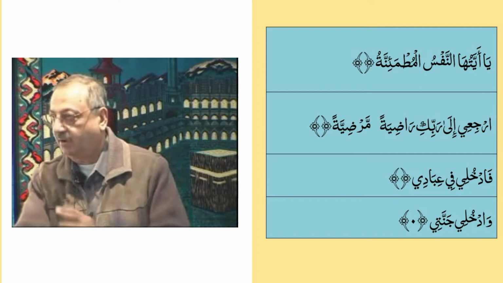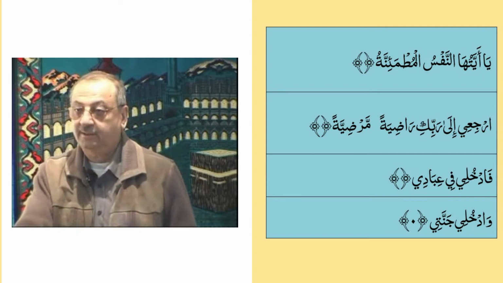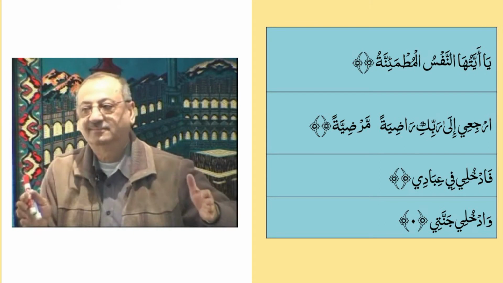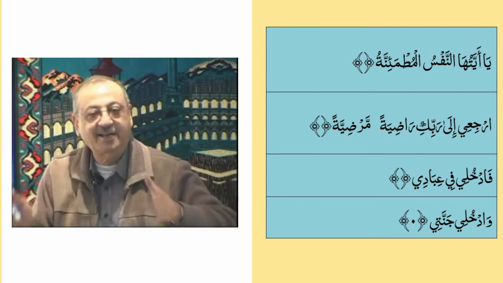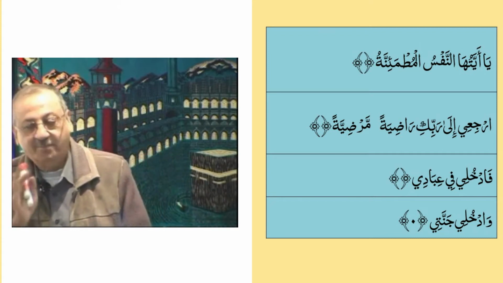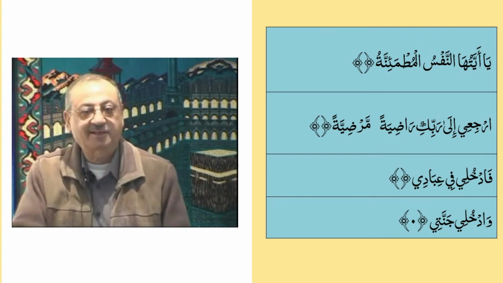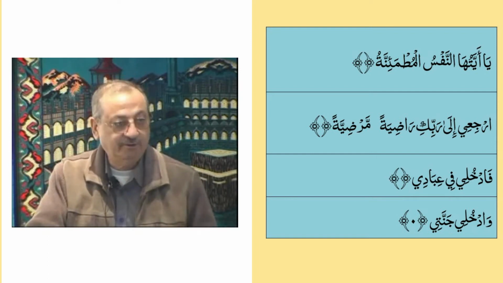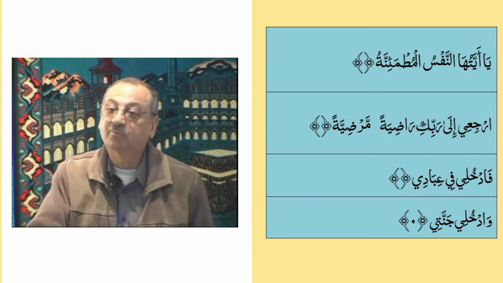Tamiz, hal, mafulul mutlaq, they will all come in its own dars. And each dars is 8-10 pages. And in that, Dr. Abdur Rahim, step by step, will explain to us what is hal, how it is used, what is tamiz, how it is used, and what is mafulul mutlaq.